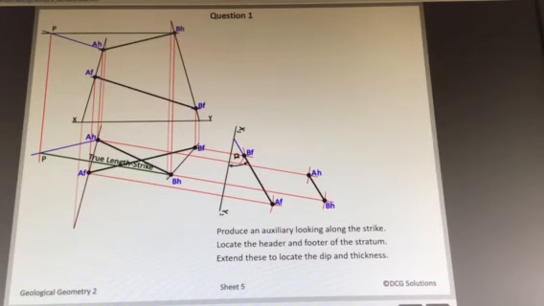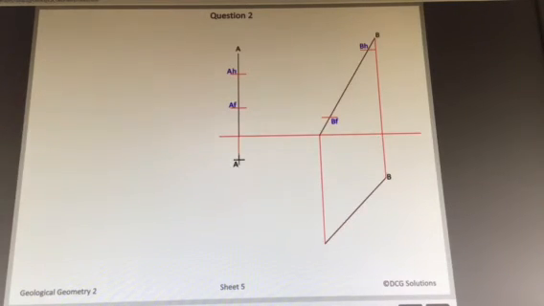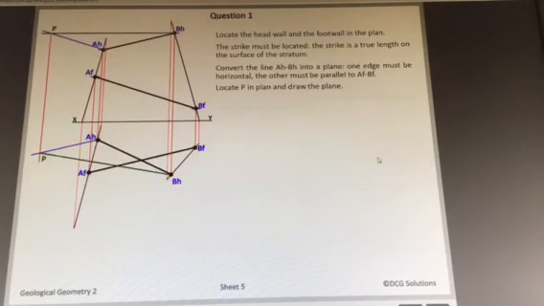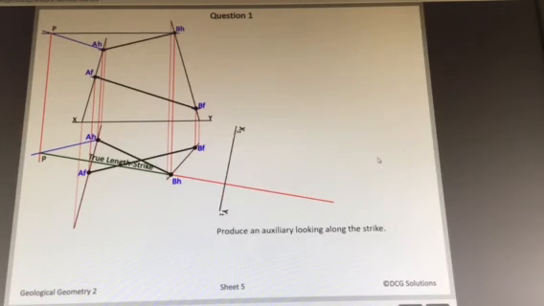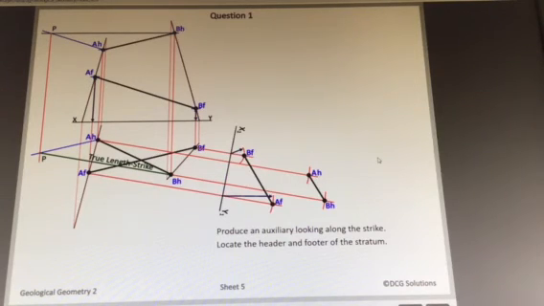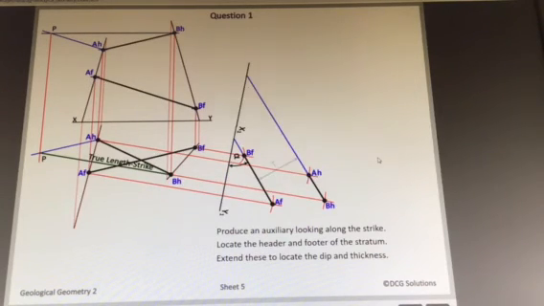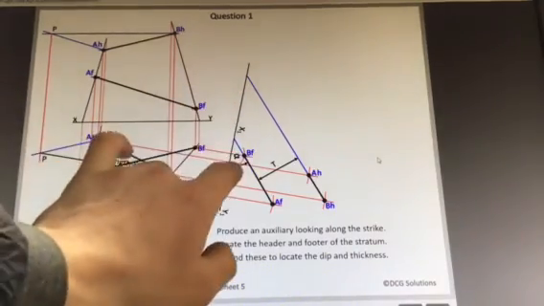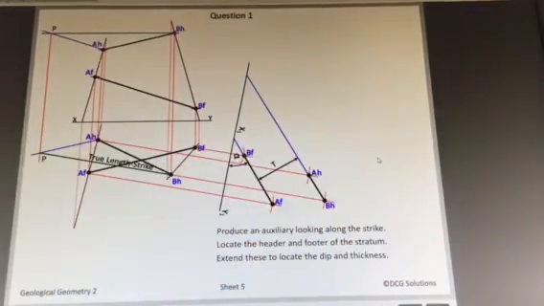Extend these and locate the dip and thickness. So there's your dip, which is this angle here, and your thickness.